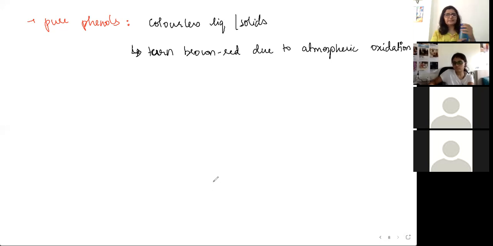And these are the basic physical properties, related to your senses: sight, smell, taste, related to alcohols and phenols.